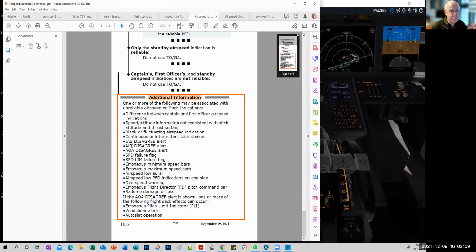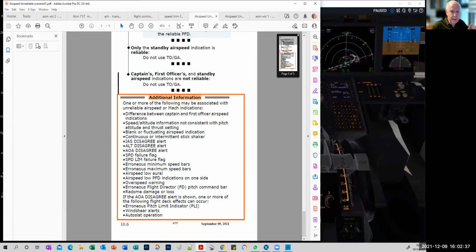So you've got to use your head and understand that when you go to a checklist that has memory items in it, you've got to do the memory items first before you do the checklist. That's a discipline of airmanship. So remember that. The ALT disagree in combination with the IAS disagree directs you directly to the unreliable airspeed memory items.